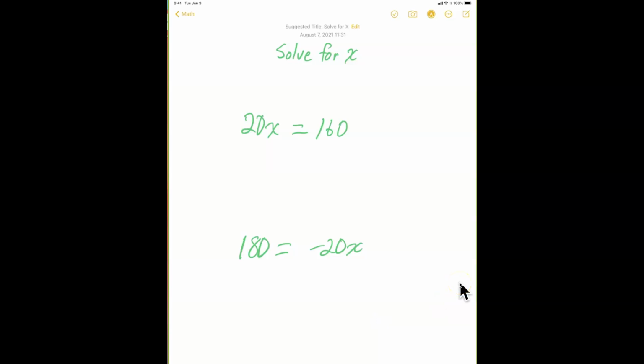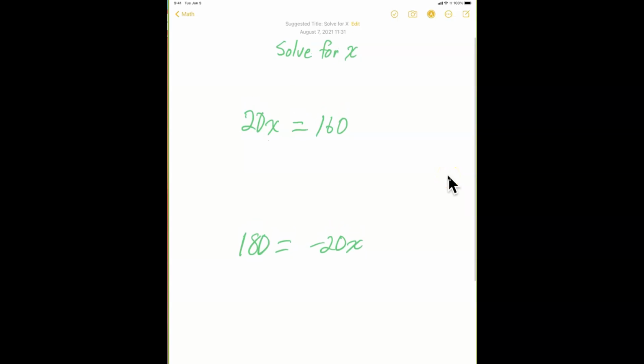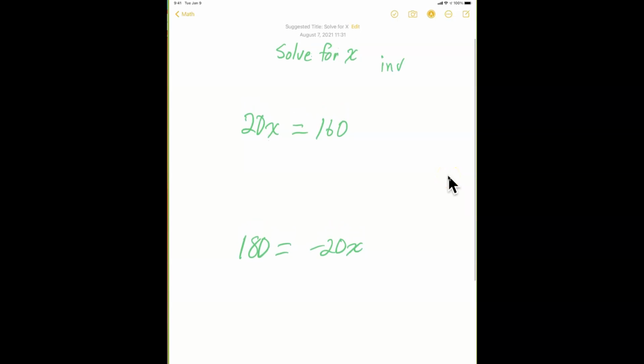So when we want to solve for x, same as with addition and subtraction, we are looking to use the inverse operation of what's going on with x. So that's one key term, inverse operation. Part of isolating x is seeing what's happening to x, and we see here it's being multiplied by 20, right?